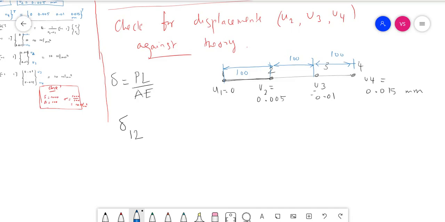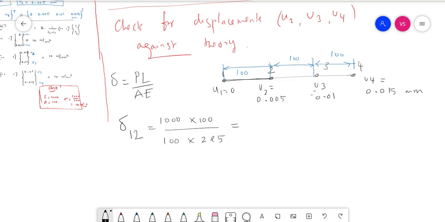So if I want to find delta 1 2, what I should do is: P is 1000, length is 100 mm, A is 100, and then E is 2E5. If I do that, this 100 will get cancelled.